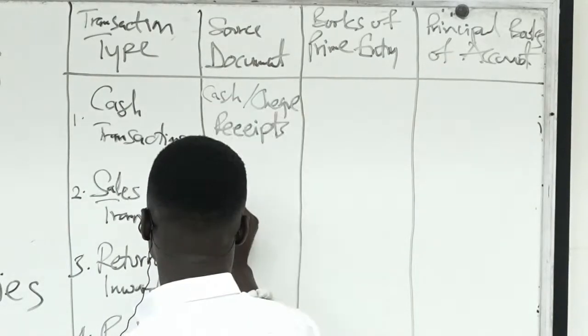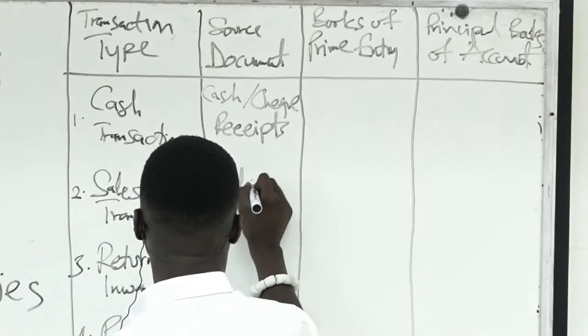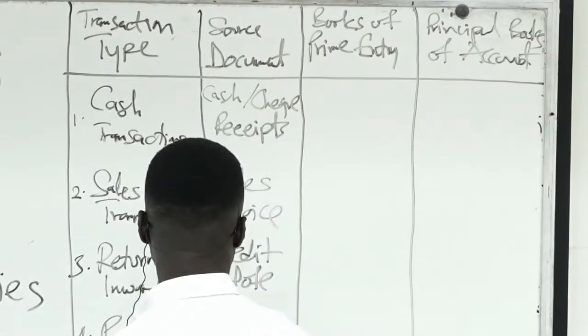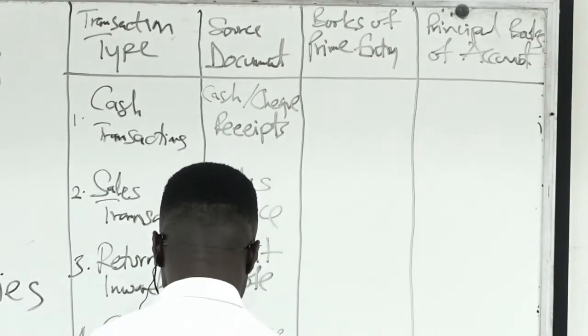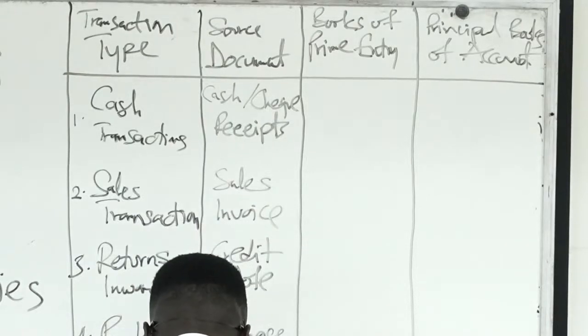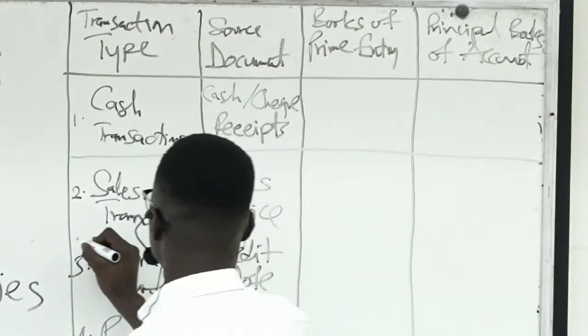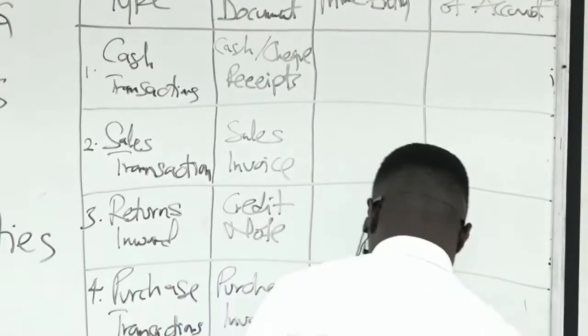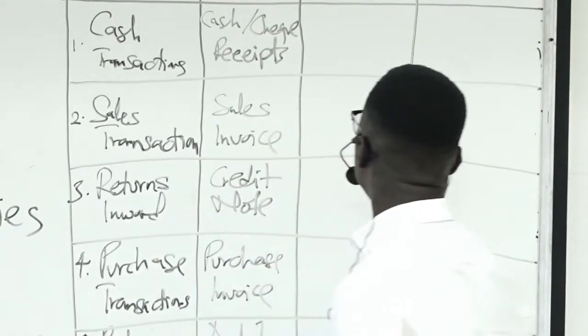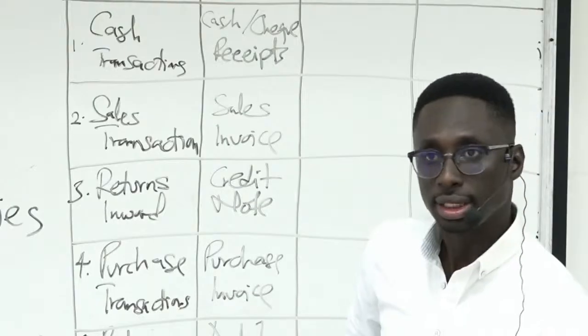Or shared sales. Here we said notes or journal. The books of prime entry. The cash book.